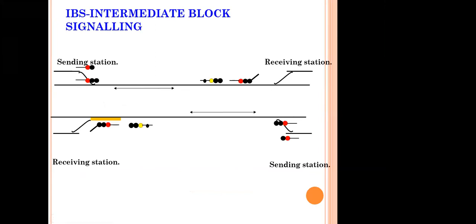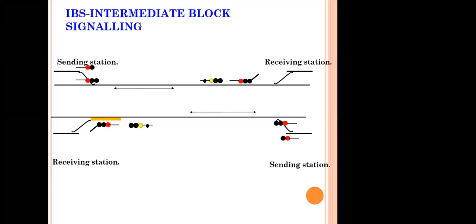Coming to the double line section, we discussed yesterday what we mean by intermediate block signaling. Intermediate block signaling is a system to run more trains on the double line. From single line, we developed the double line to run more trains. Again, the number of trains is to be increased.